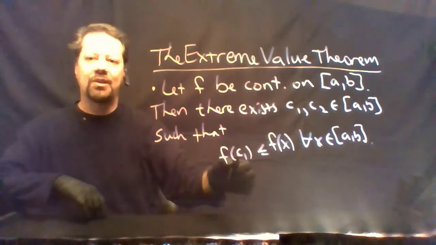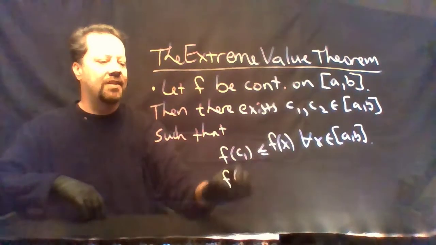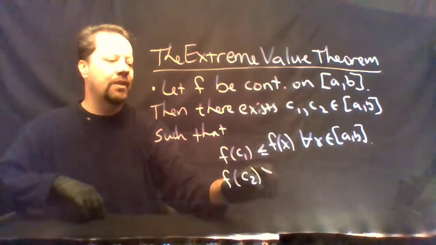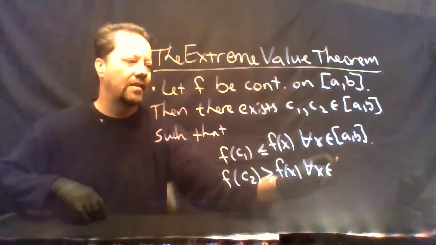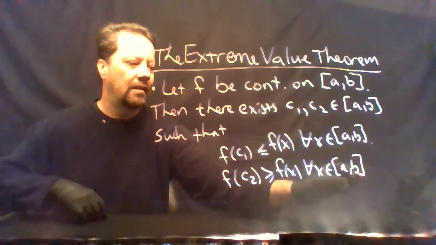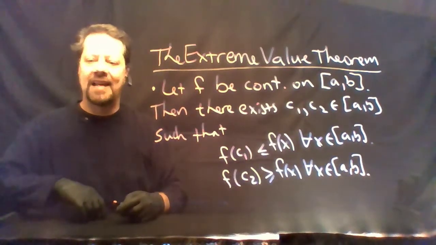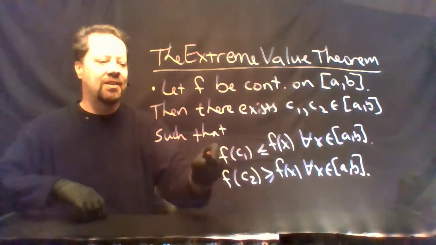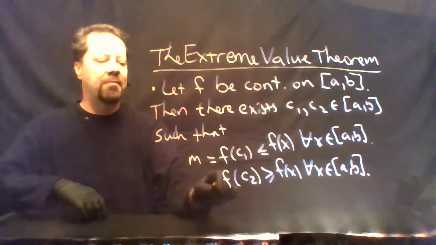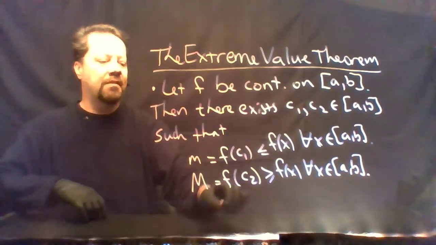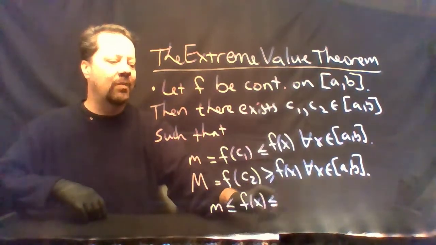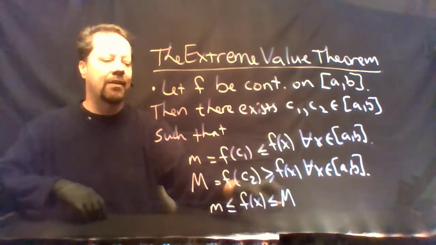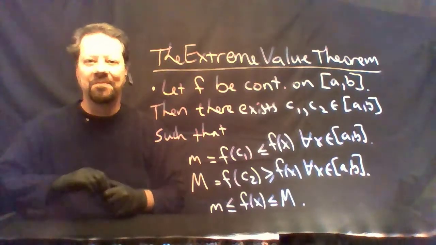So we have an absolute min at C1, and f of C2 is bigger than or equal to f of x for all x in AB. So f has an absolute maximum at C2. We can call this m and this M, and you can see that the function values lie between the minimum value and the maximum value.